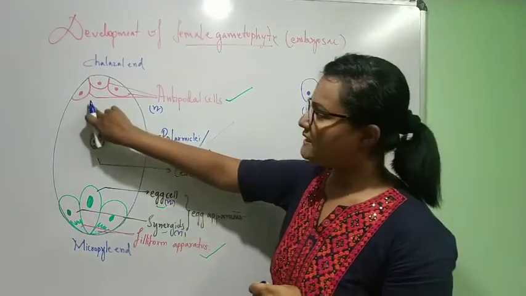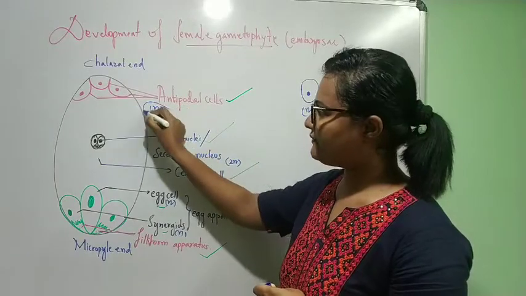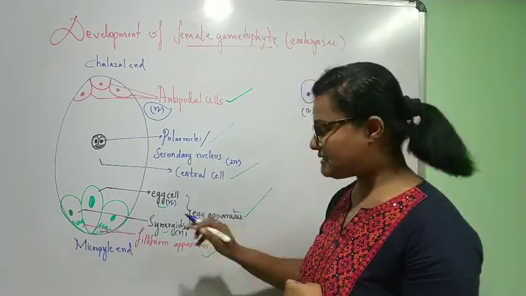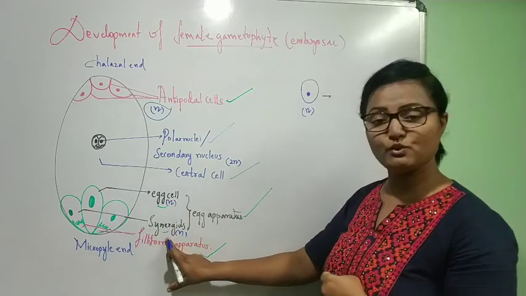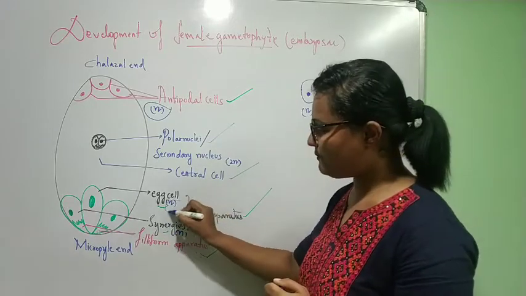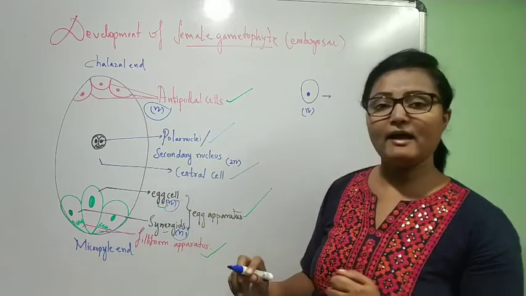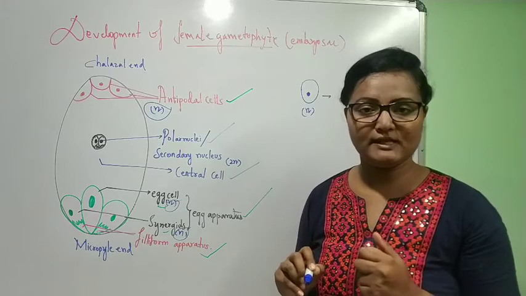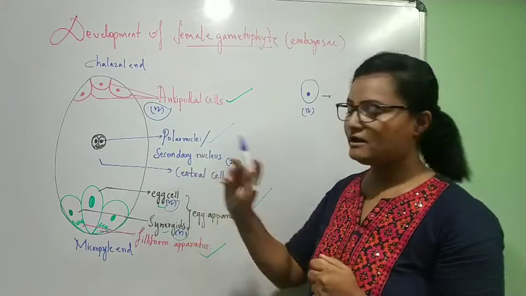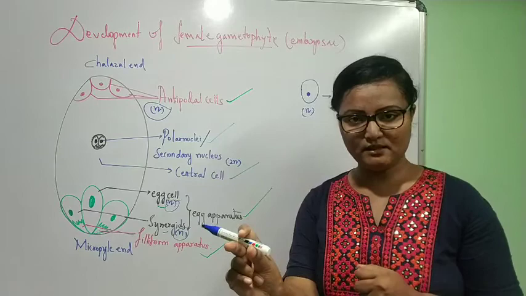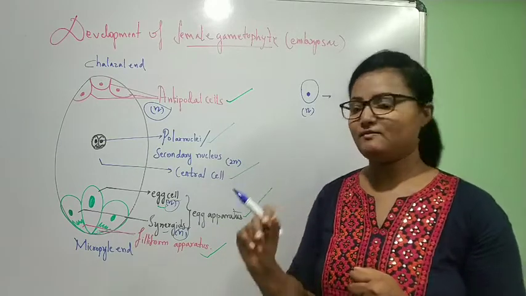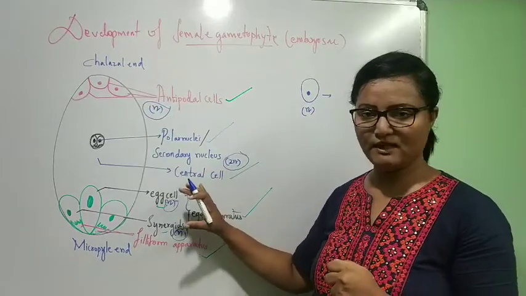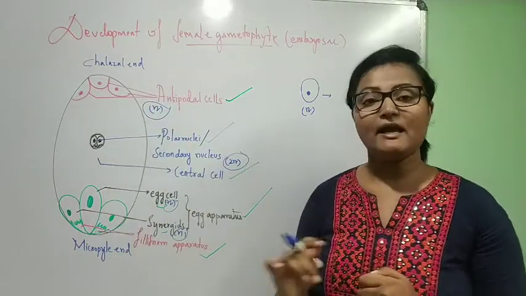All these antipodal cells are haploid, and the egg apparatus consisting of egg cell and 2 synergids are also haploid. And the polar nuclei or secondary nucleus, what happens? As there are 2 nuclei together, N and N, it makes 2N. So except the secondary nucleus, all other cells are haploid in nature.